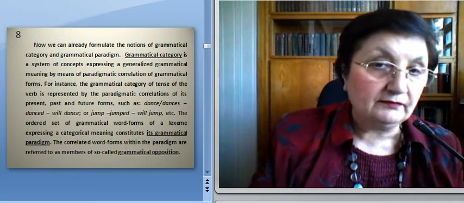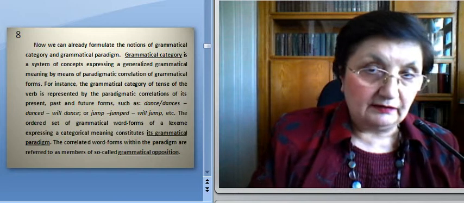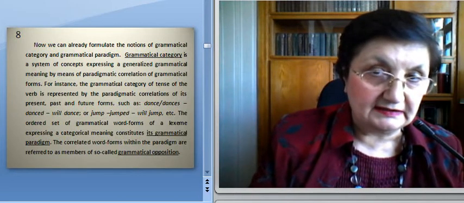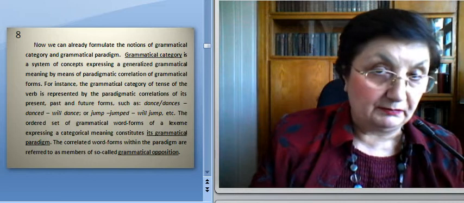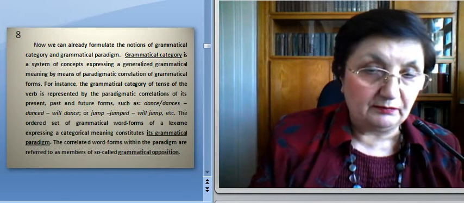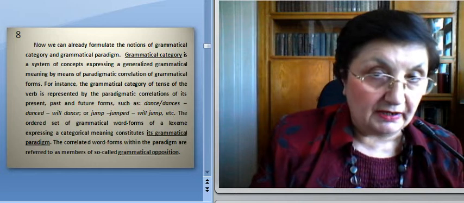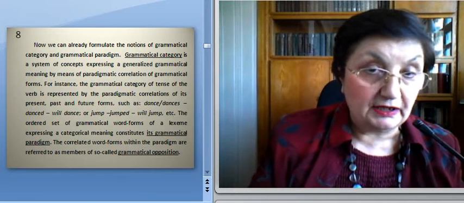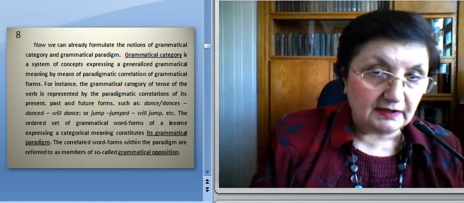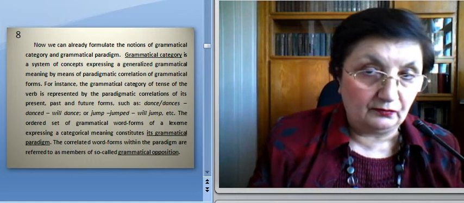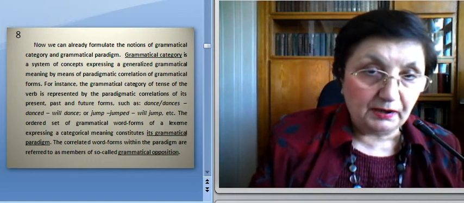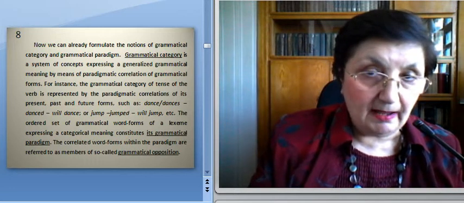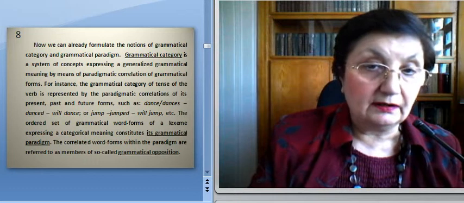Grammatical category is a system of concepts expressing a generalized grammatical meaning by means of paradigmatic correlation of grammatical forms. For instance, the grammatical category of tense of the verb is represented by the paradigmatic correlations of its present, past, and future forms, such as dance, dances, danced, and will dance, or jump, jumped, and will jump.